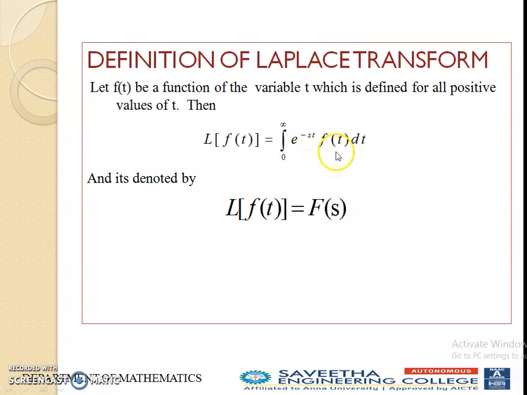The interval is 0 to infinity. This can be written as L of f of t equals capital F of s. Sometimes the problem is based on F of s being given, so don't confuse the notations here. L of f of t equals F of s.